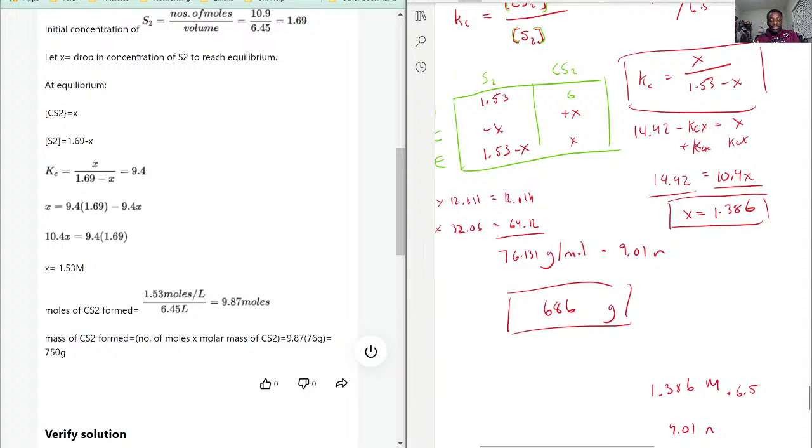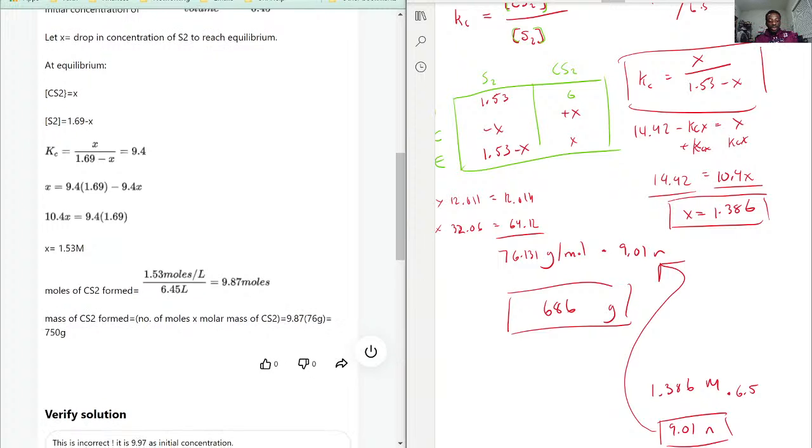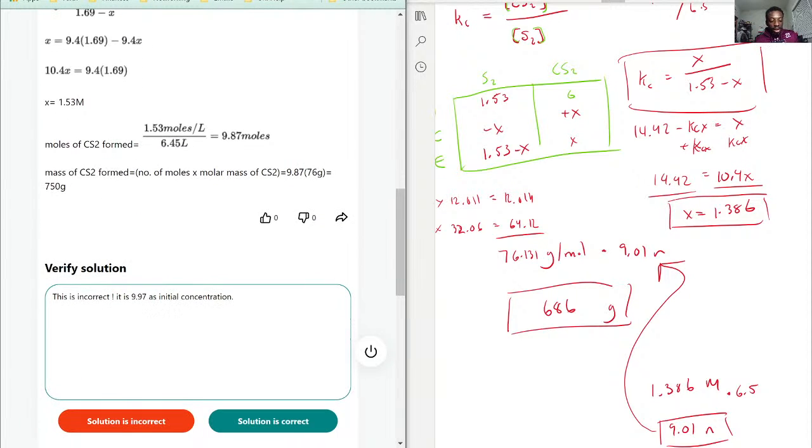Then they found the moles by multiplying by the liters, and that's how we got 9.01 and they got 9.87, and then we multiplied by the molar mass, 76.131, which is what they did here, and that's how we got our 686, while they got 750. So I'm going to say 9.97 is the initial concentration, and the volume was 6.5, not 6.7, 6.45.